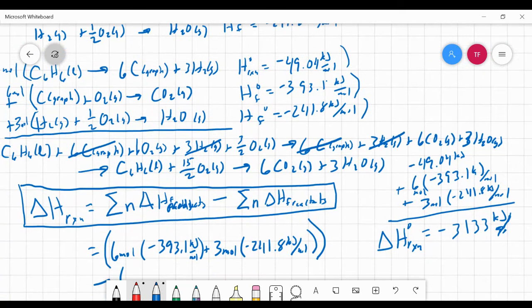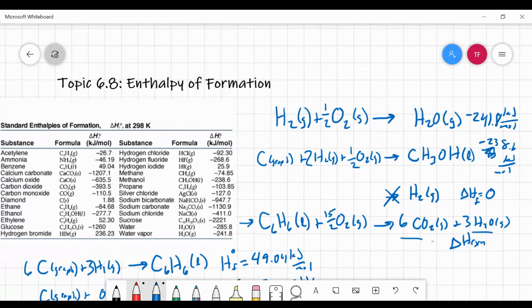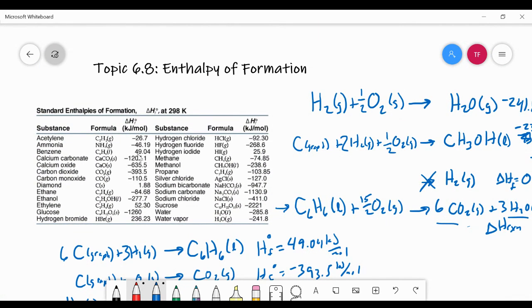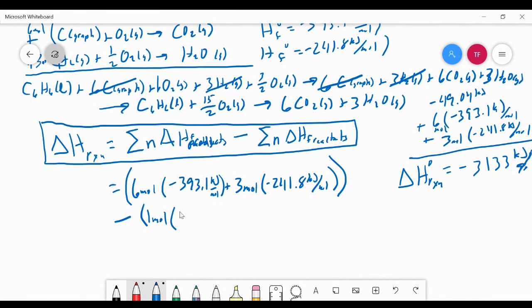There's only 1 mole of it, so 1 mole of C6H6 times its enthalpy of formation, which, if you recall, the enthalpy of formation for benzene was positive 49.04 kilojoules per mole. Some of you might be saying, but we made it negative in the previous problem. Well, that's why there's a minus sign in this equation, the minus sign automatically flips it for you. So we just plug in exactly what it is from the table.